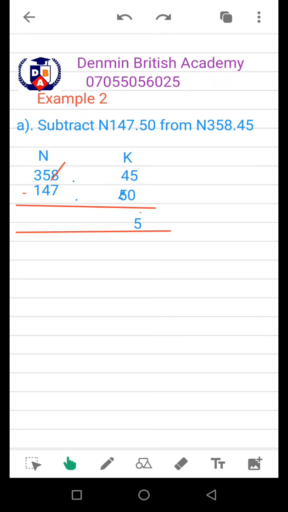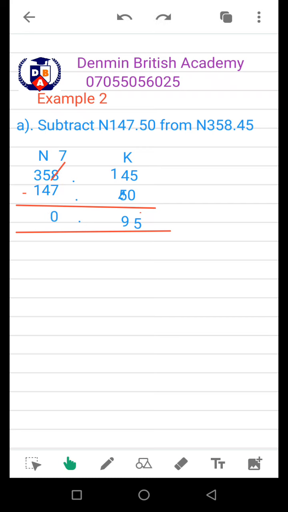Once you collect 1 from 8, 8 is going to be 7. So you carry the 1 and add it to the 4, it becomes 14. 14 minus 5 will give us 9.